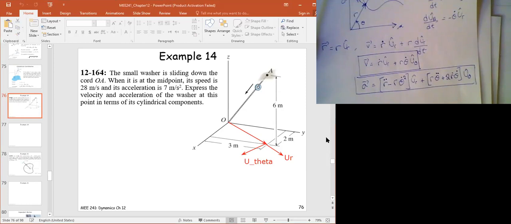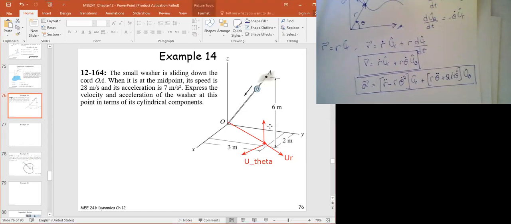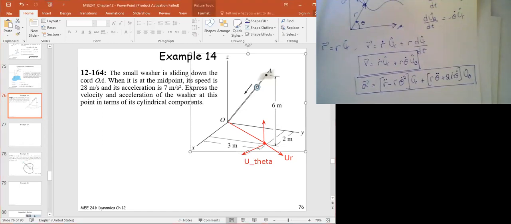If you have that, then I'm simply going to add a UZ. And UZ is simply a unit vector in the Z direction. So UZ, here we go.